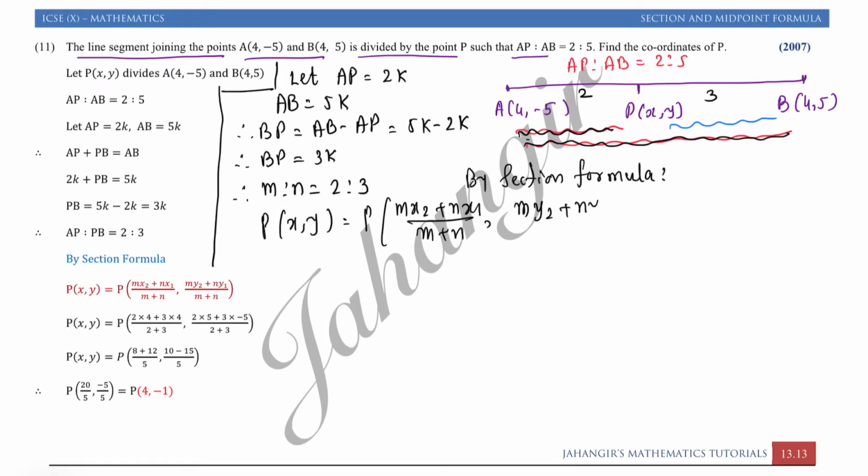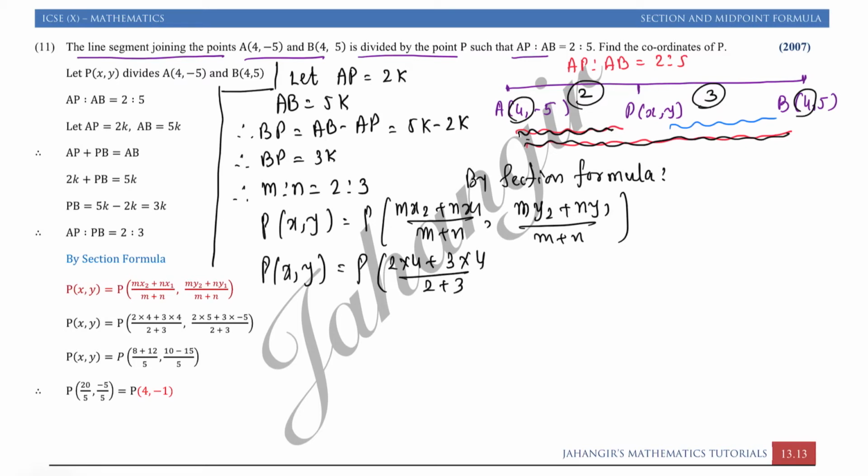So let's substitute. m is 2, x2 is 4, 2 into 4 plus n is 3, x1 is 4, 3 into 4, upon 2 plus 3. In the same way for y we will do: m is 2 into 5 plus 3 into minus 5, whole upon 2 plus 3.